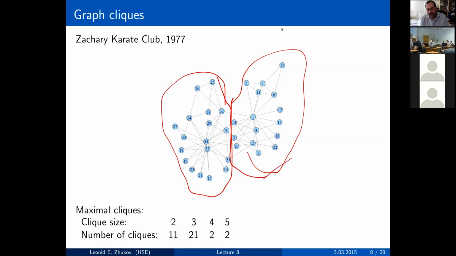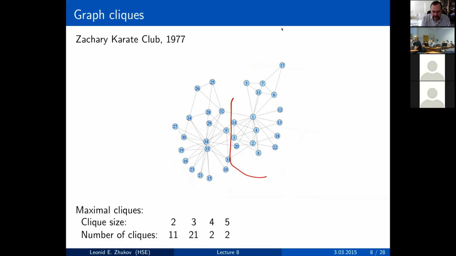Well, in fact, if you look in the paper, there is a ground truth, so one can compare with it. But before we do that, let's look and study cliques. We can detect maximal cliques in this graph, and there are 11 maximal cliques of size 2.